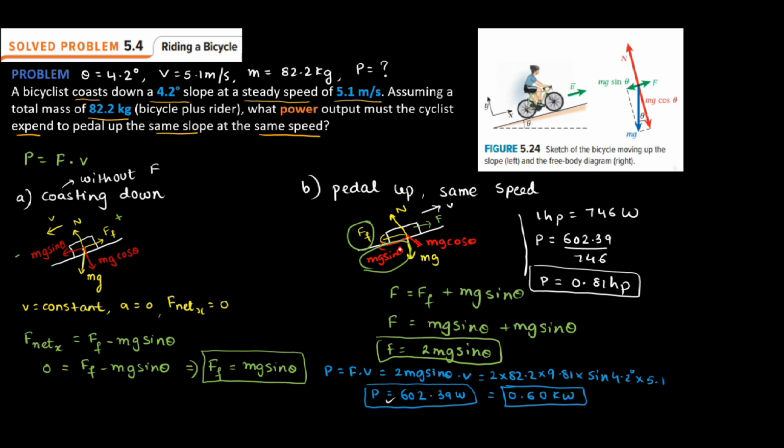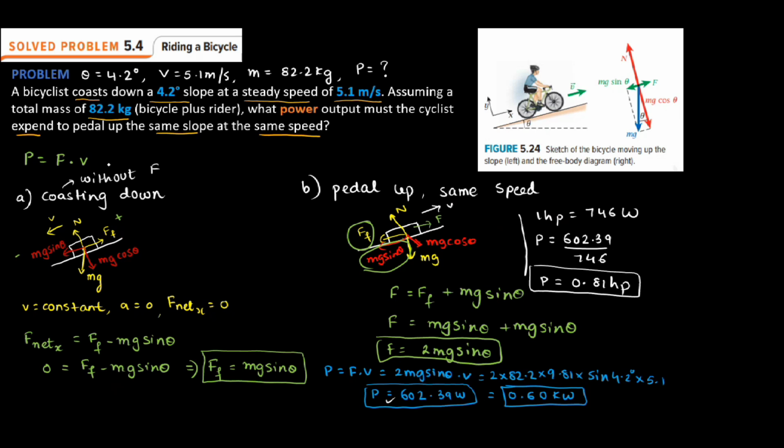When you do the force analysis on the bicyclist, you see that for the cyclist to move up with a constant speed, he must overcome two forces, force of friction and mg sine theta. So the net force the bicyclist must apply is the sum of force of friction plus mg sine theta. That gives me 2 times mg sine theta.